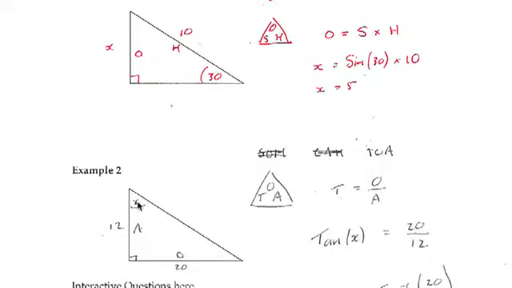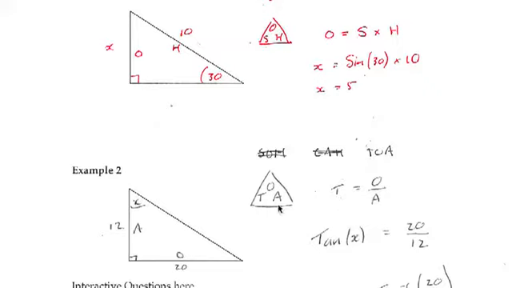This is the angle, so this side is opposite and this side is adjacent. So this time it's the hypotenuse that's not involved in the problem at all, so I can scrub out those two parts of SOHCAHTOA and I know that it's going to be a tan problem.